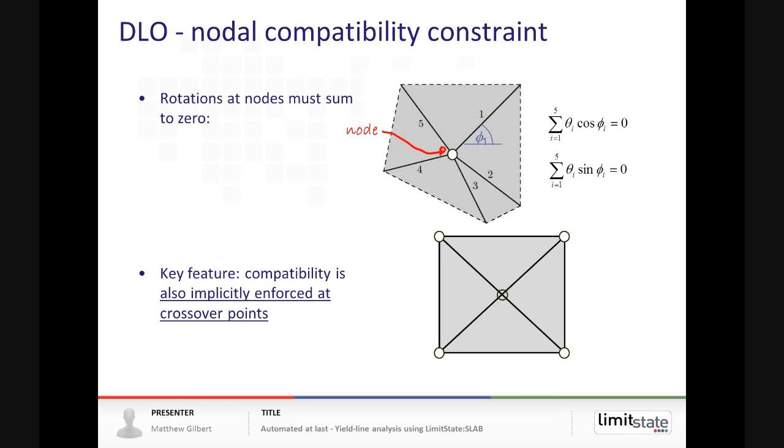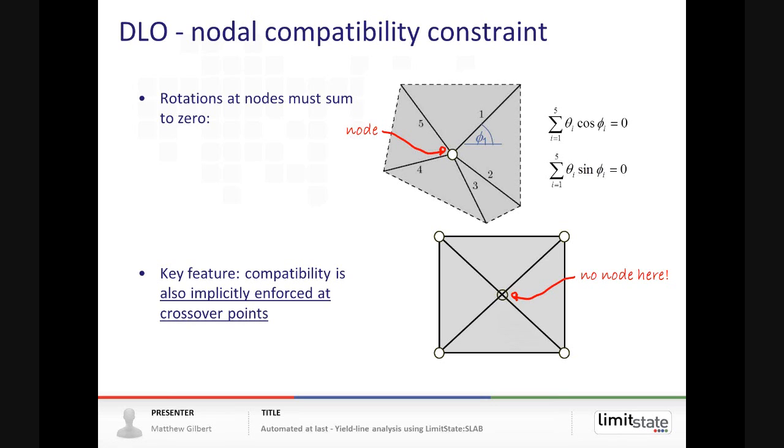The big thing to note is that we explicitly enforce compatibility at nodes, but the formulation leads to many, many crossover points, and at those crossover points, for example, the one shown at the center of the slab in the bottom image, there is no explicit node, and so explicitly compatibility is not enforced there.